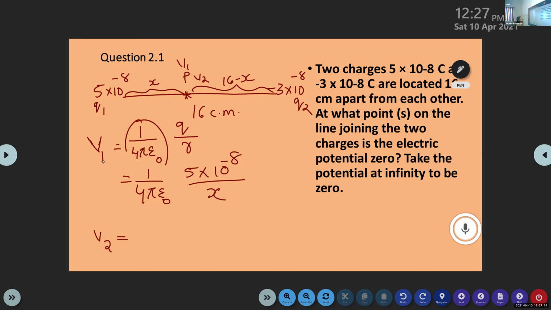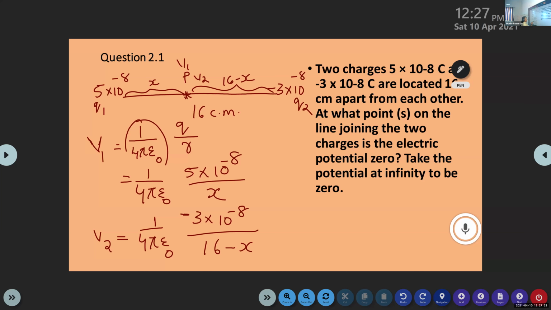And what is V2? V2 is the potential due to the charge minus 3 into 10 raised to minus 8 at the point P. What is the expression for calculating the potential V2? Again, the same equation, 1 by 4 pi epsilon 0 Q divided by R. So we get 1 by 4 pi epsilon 0, and Q here is negative 3 into 10 raised to minus 8, divided by the distance of separation, which is 16 minus x.